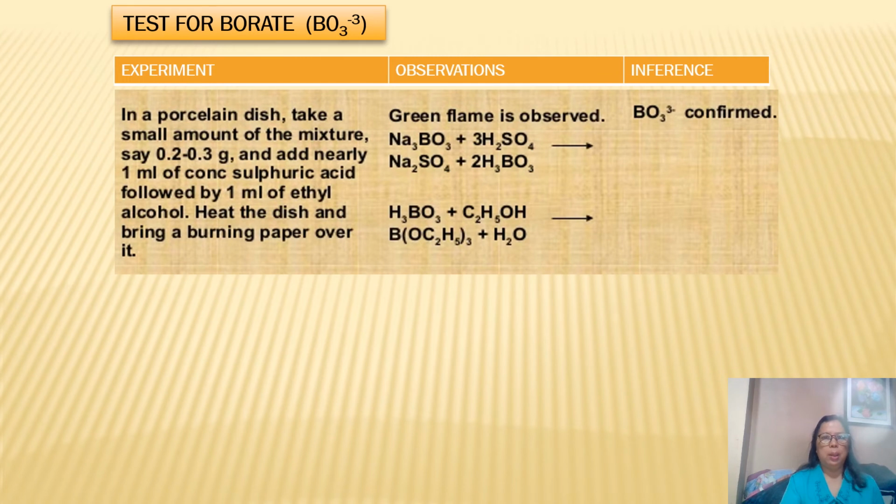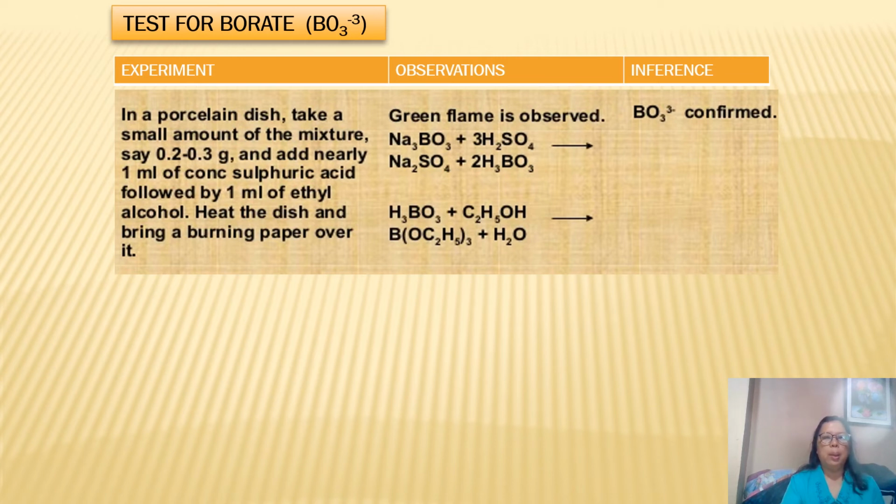And then you have here the test for borate. In a porcelain dish, you add 0.3 to 0.2 grams and add nearly an ml of sulfuric acid followed by 1 ml of ethyl alcohol.